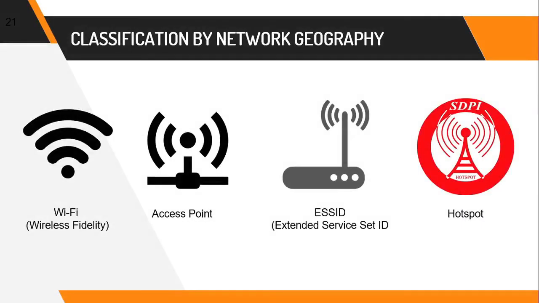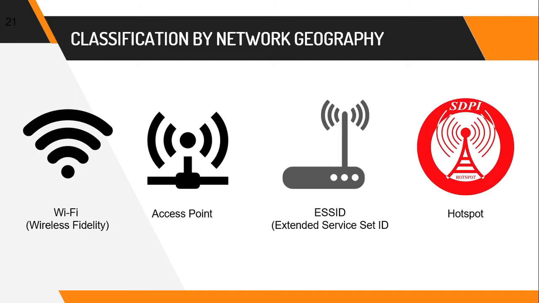Classification by network geography. We make use of these different tools. We have your Wi-Fi, or wireless fidelity. We have your access point. We have your ESSID, or extended service set ID, and your hotspot. Wi-Fi is a wireless technology that connects computers without cables.